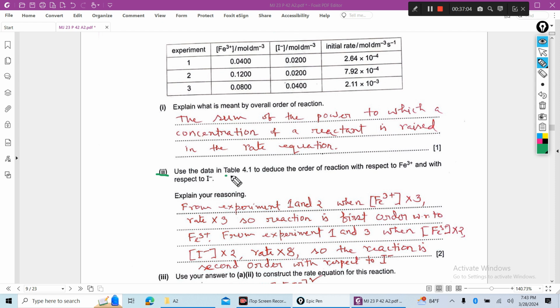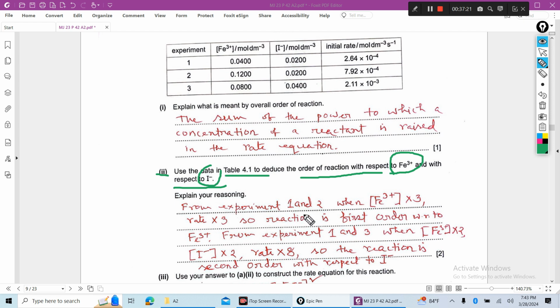Use the data in table 4.1 to deduce the order of reaction with respect to iron 3 ion and with respect to iodide ion. Explain your reasoning. So you have to find out what's the order for iron 3 ion and what's the order of iodide ion.